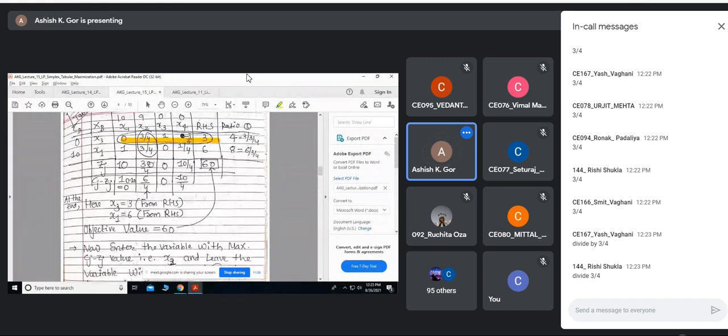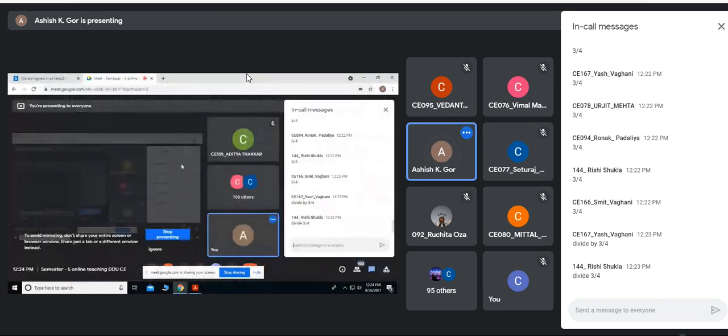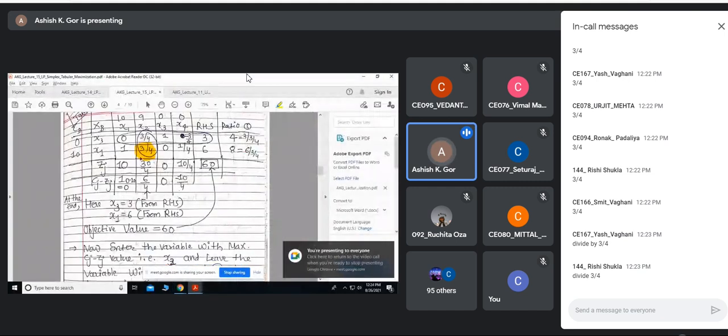And what about the other values? I am indicating this value. How will this value change? What will be the new value corresponding to this in the next table? I am highlighting this value. Second row, second column, this 3 by 4.